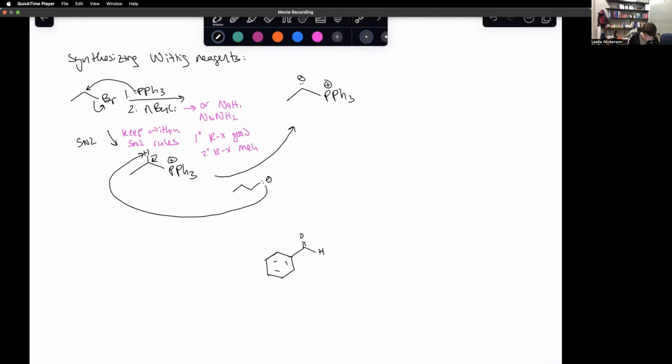So if we start off with this aldehyde that I've got here, if we first go with using the same kind of unstabilized Wittig reagent that we've seen before, where it's just kind of an alkyl group that was stuck onto this triphenylphosphine, so this is not resonance stabilized.